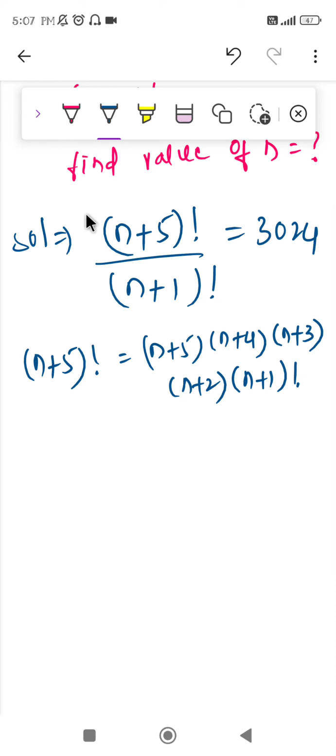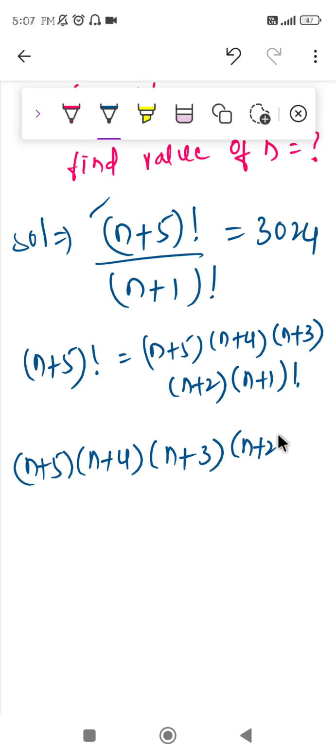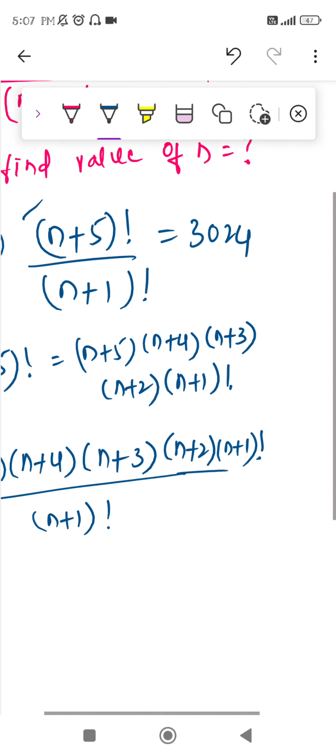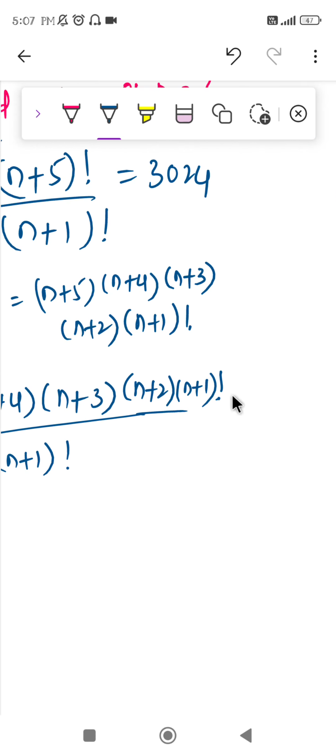So in this equation, it will become (n+5)(n+4)(n+3)(n+2)(n+1)! divided by (n+1)! is equal to 3024.